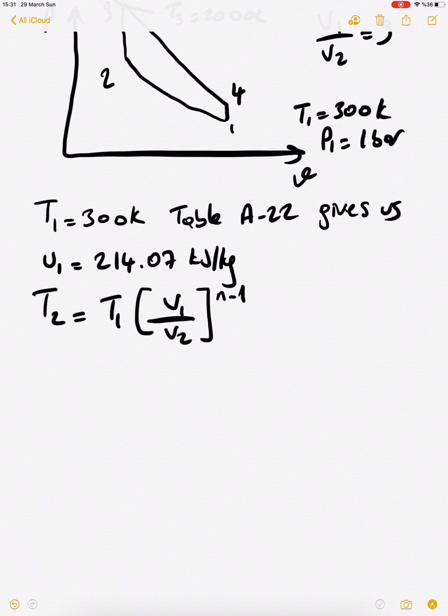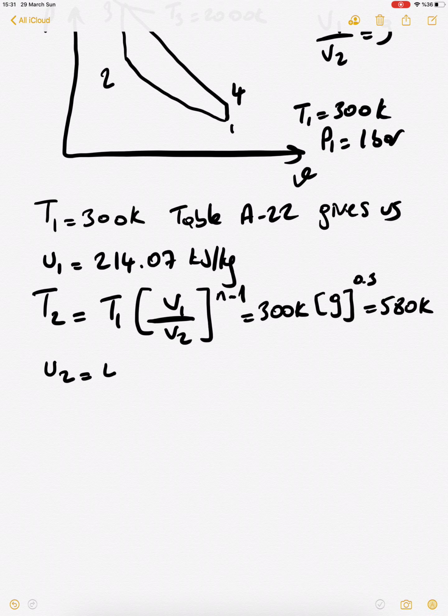So this is the polytropic equation, and if you write it, this is 300 Kelvin times V1 over V2, which is the compression ratio, the maximum volume to the minimum volume, to the power n minus 1, which is 0.3, and so we get 580 Kelvin as the temperature T2. Once we define this, U2 from the table is 419.55 kilojoule per kilogram.